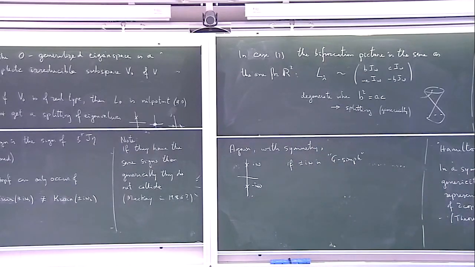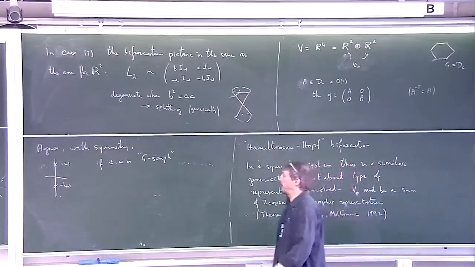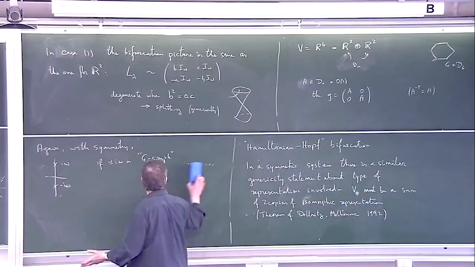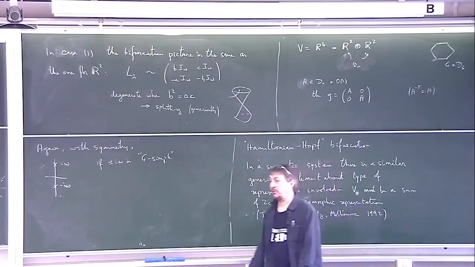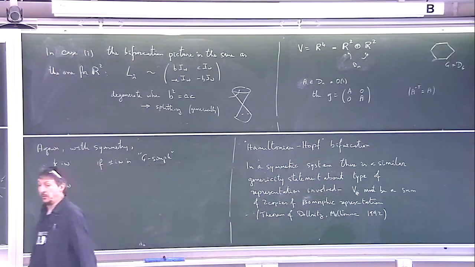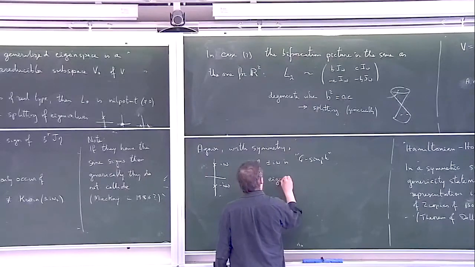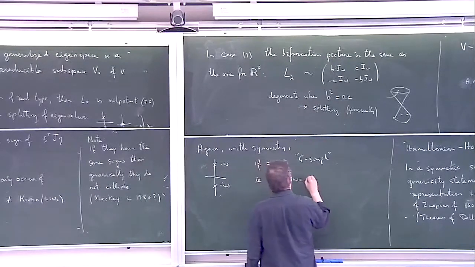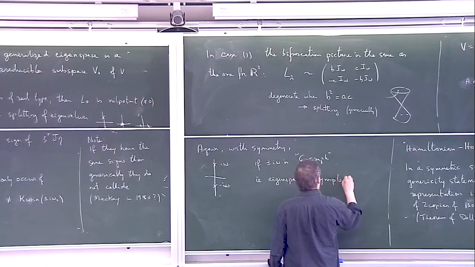We'll see this in more detail this afternoon. So symmetry, the group, forces eigenvalues to be multiple, so you can't have simple ones anymore. But you can have them as simple as possible, compatible with the group. So this means the eigenspace is symplectic irreducible, like we had earlier.